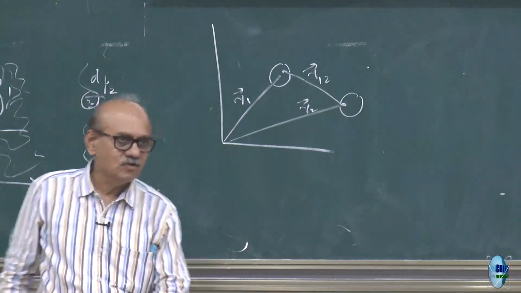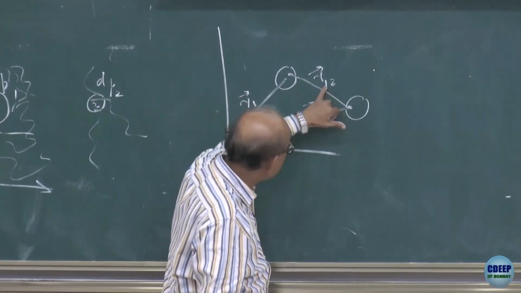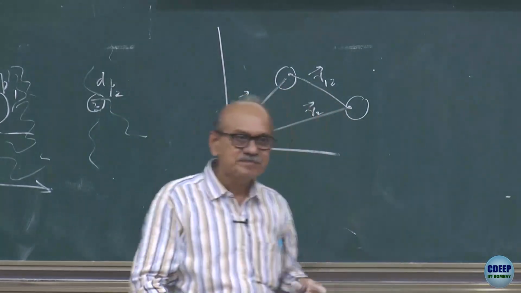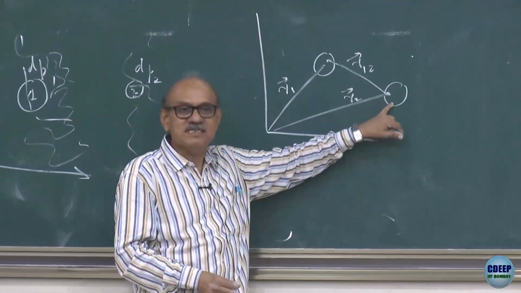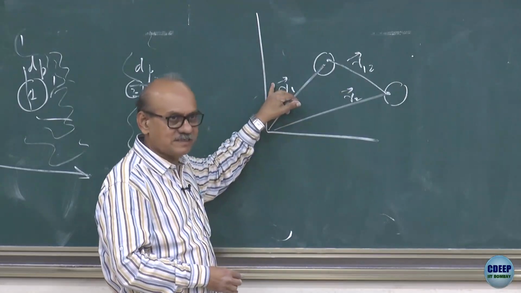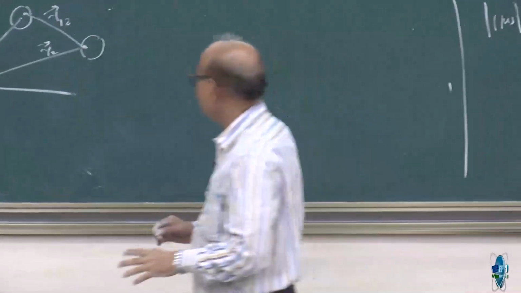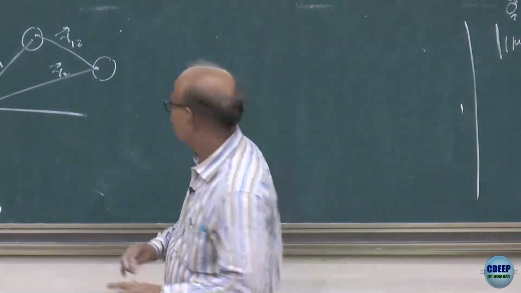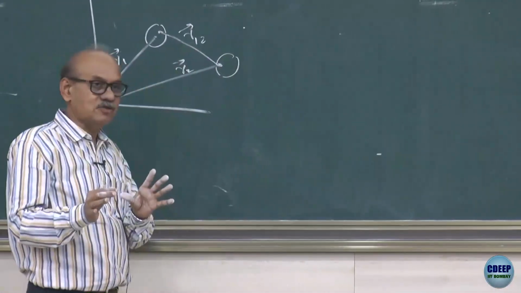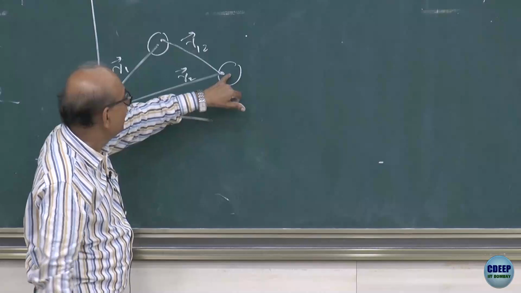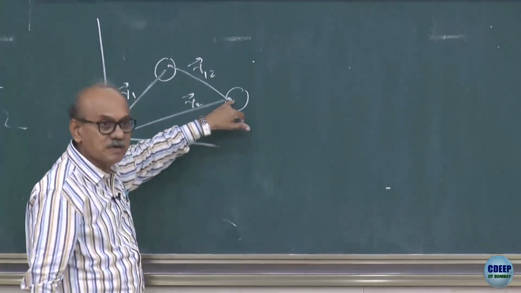So, if I sit on one and see, it would look like a diffusion in the R12 space, whereas in the real laboratory we are used to describing the diffusion of the R2 vector and the diffusion of the R1 vector. So, we basically have to express R12 in terms of R1 and R2, and then my job is done to explain how the diffusion would look if I sit on one particle.